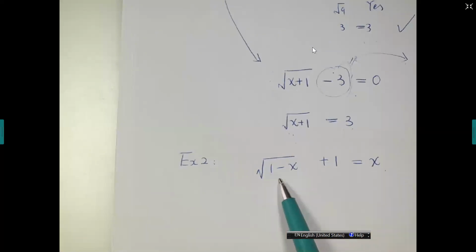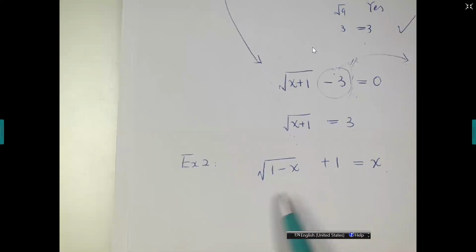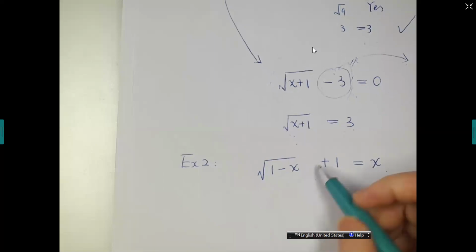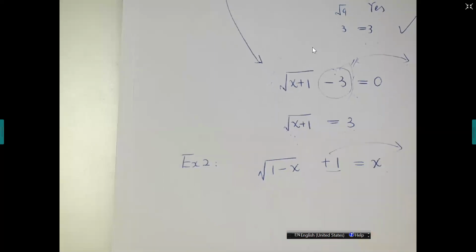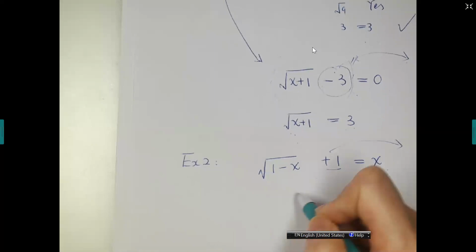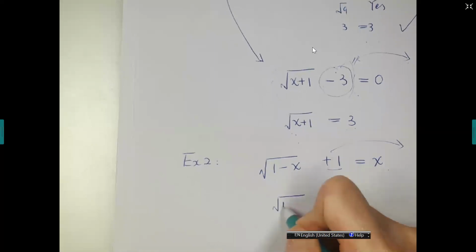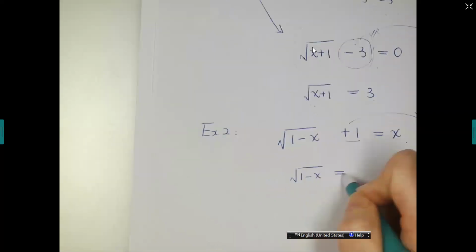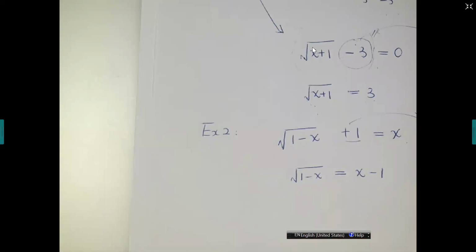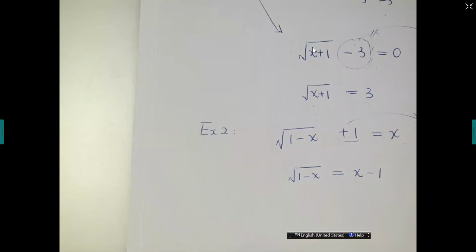There is just one. So if there is only one radical term, we are going to leave it alone on one side. In other words, get rid of everything else with it. So I have plus 1 here, move it to the right. So this equation turns into radical 1 minus x equals x minus 1. So I just move the terms.